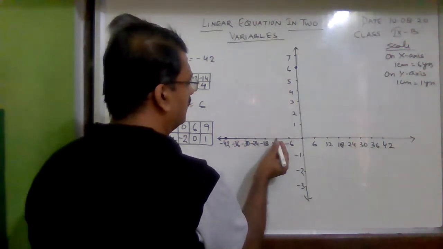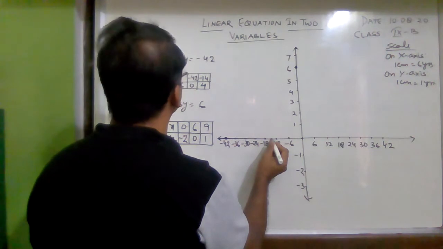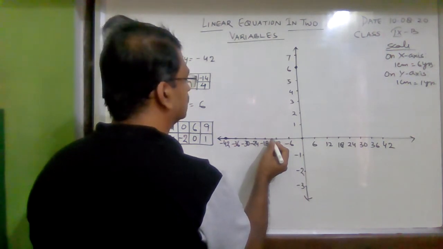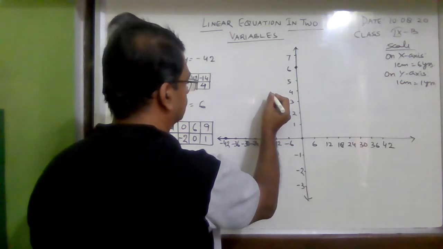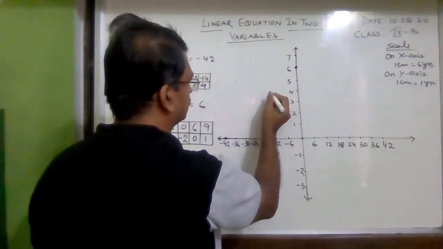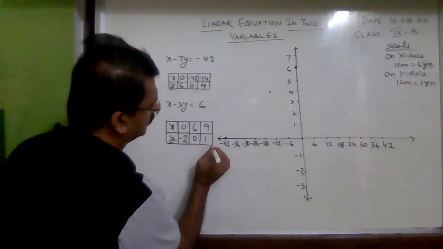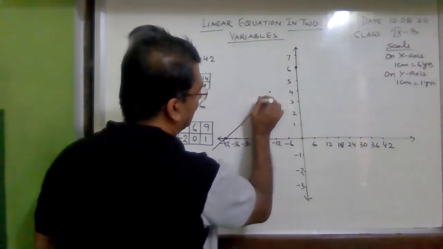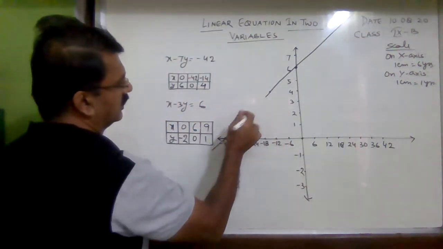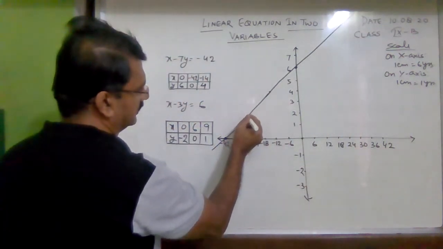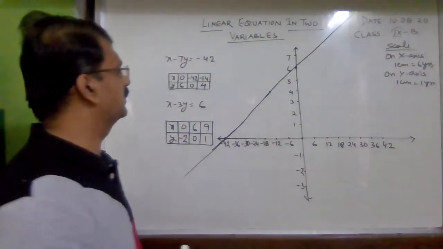So minus 12, minus 18, so minus 14 will be here and 4, so almost here. Now if you join them, you will get a straight line, and it's a linear equation. So this is the graph of the first.